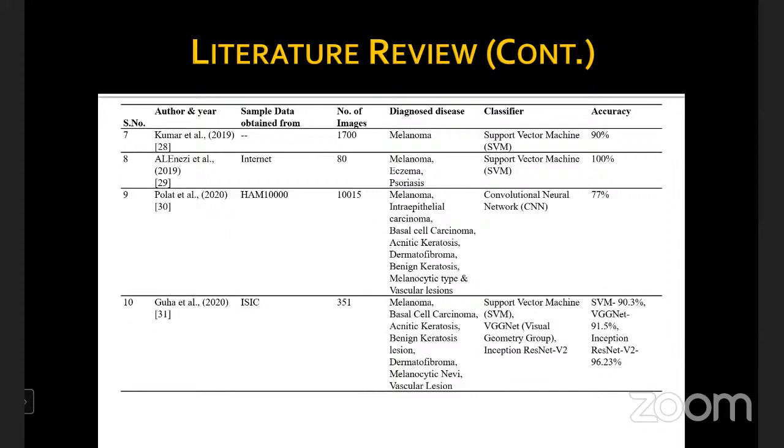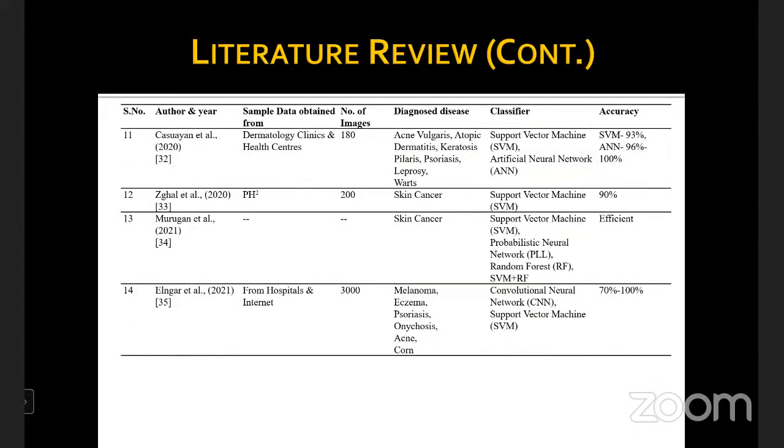ISIC was used as a data set for obtaining 351 images of different skin problems like melanoma, basal cell carcinoma and actinic keratosis. Basically, these are cancers. The classifiers used were support vector machine, VGGNet, and Inception model. Best accuracy was achieved with the Inception model.